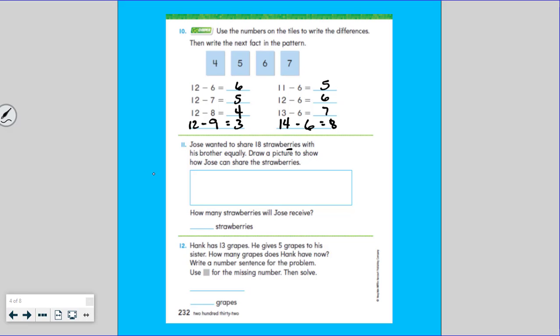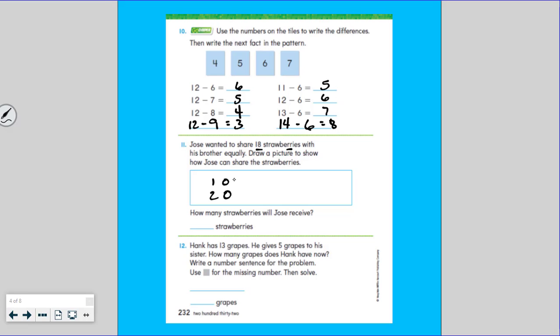Okay, so when we draw an array, we have to think of how we're sharing this. So Jose is sharing 18 strawberries with his brother. So there's two people. So what that tells me is I'm going to have two rows. 1, 2. And I'm going to fill up my rows until I get to 18 total strawberries. So 1 for you, right?